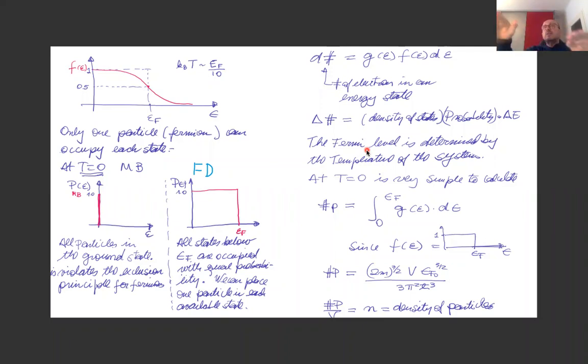I have a distribution of levels, and a degeneracy of each one of the levels, so in the first one I could put 1, in the second one I could put 2, in the third one I could put 4, and as I separate from the origin, I could put more electrons. So if I know the density of the system and the volume, I know the total number of electrons that I want to locate there, and then I will know how high they go.